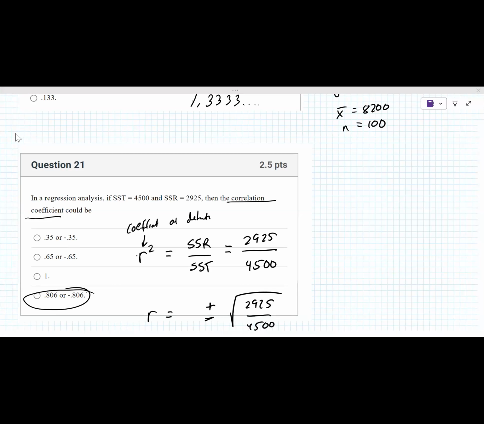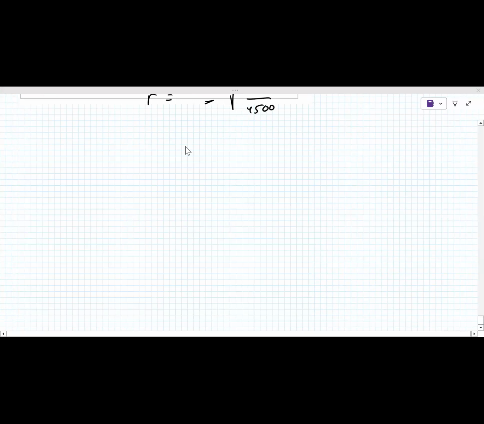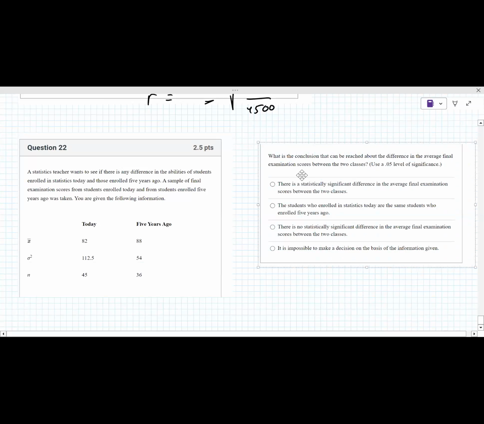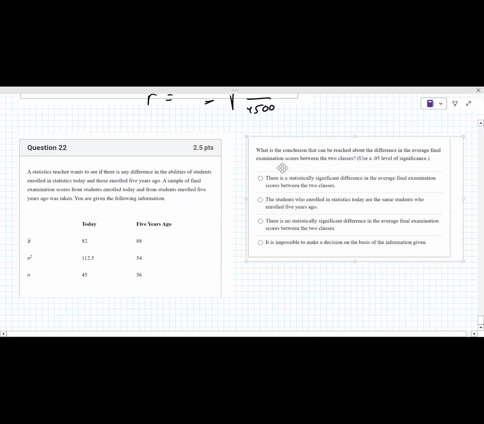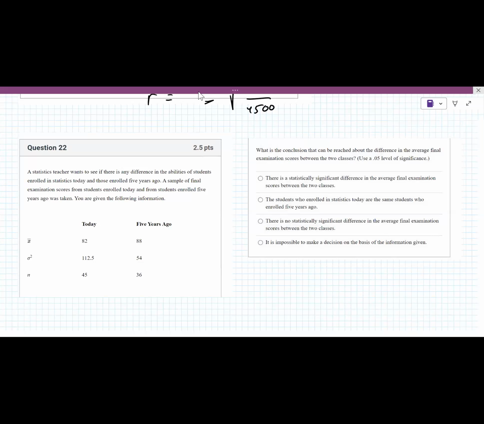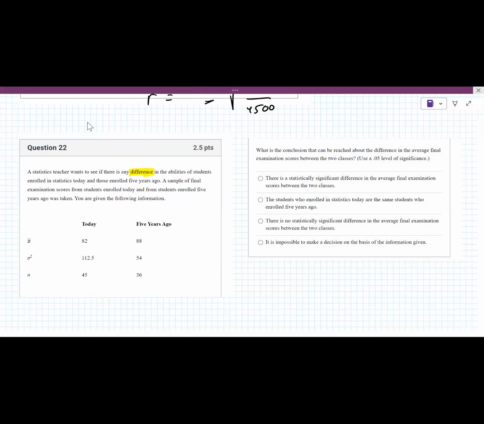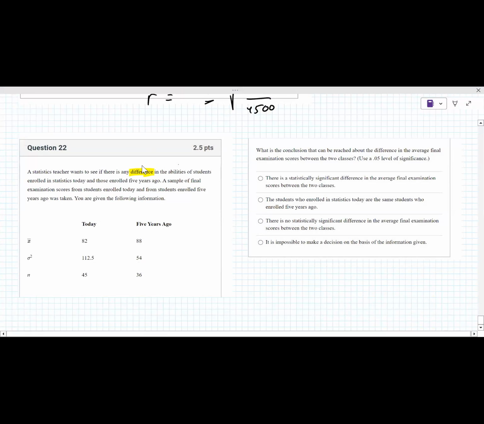All right, let's look at 22 here. A statistics teacher wants to see if there's any difference. What does that mean in terms of the hypothesis test? I know we did this earlier.